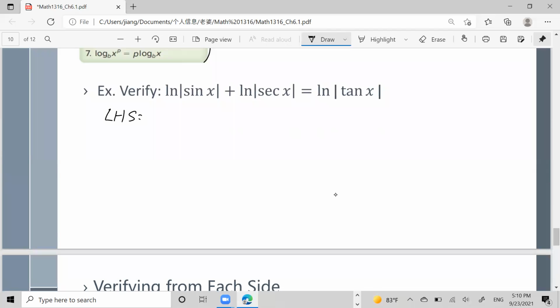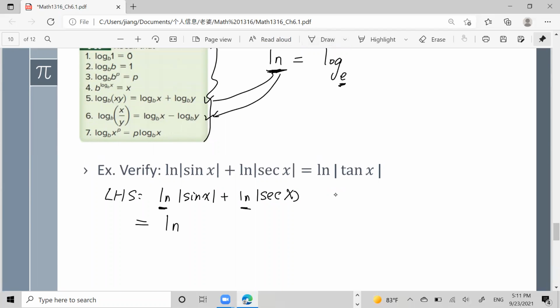So I can copy down ln absolute value of sine x plus ln absolute value of secant x, and they all have the same ln. That means I can add them together. Right now I have two terms with the same base, so I can convert them to one term. That means this equals ln of the absolute value of sine x times the absolute value of secant x.